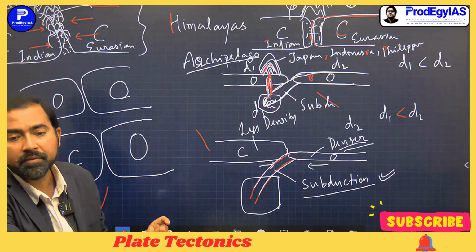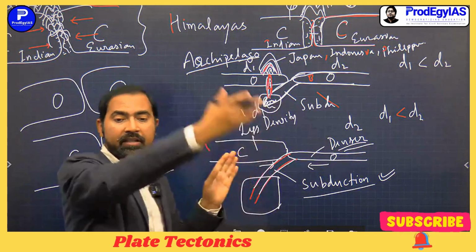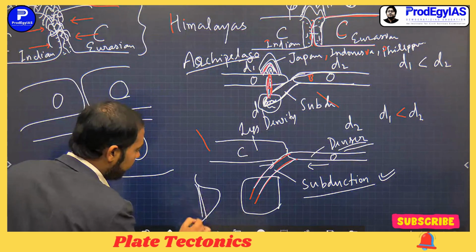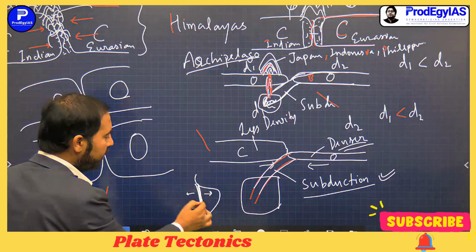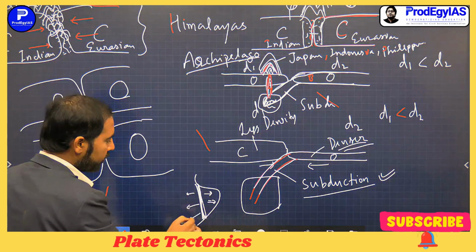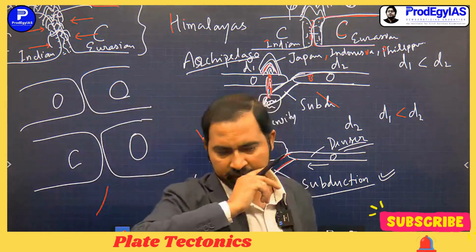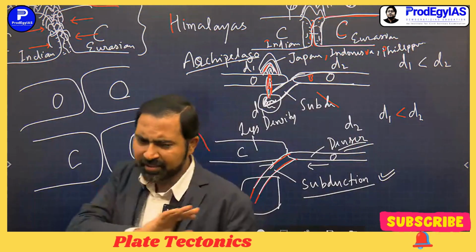Alongside that, the East African part is like this, and here a rift is being made. Means rift can also be made. Diverging boundaries can also be found within the continents, not only within oceanic areas.